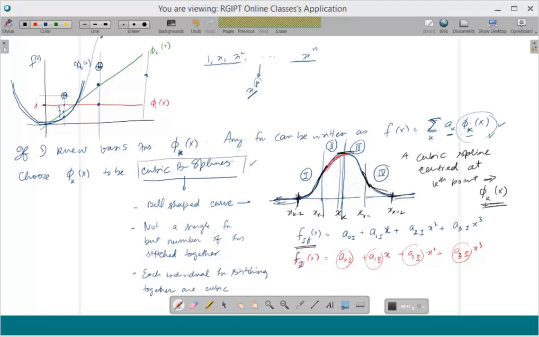Okay, so what you're doing here is, now your basis functions look like what? If I look at this set of basis functions, they look like the following. This is my x-axis. I have defined a bunch of intermediate points.